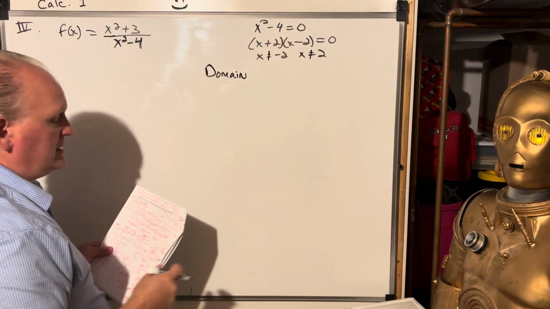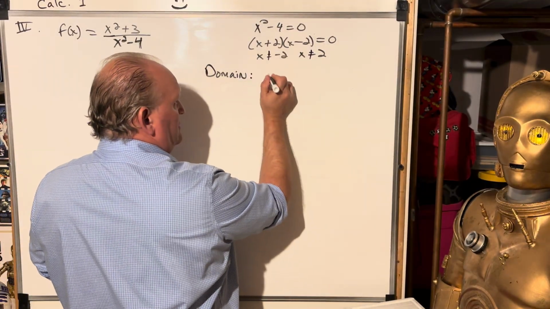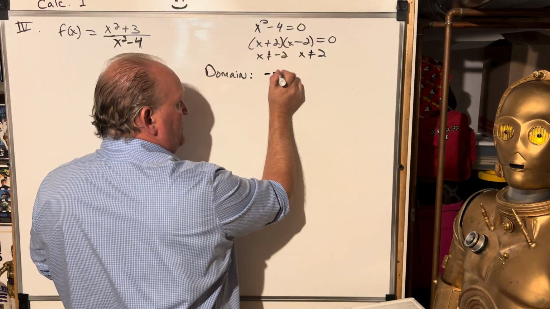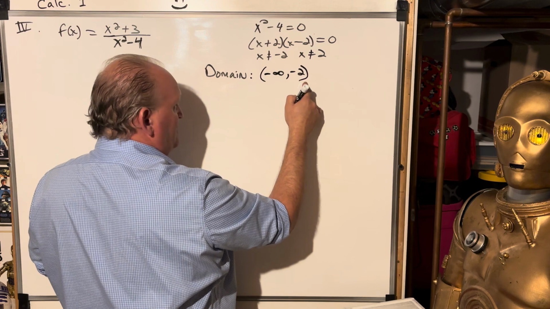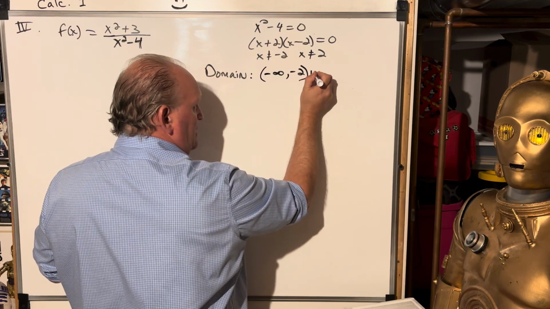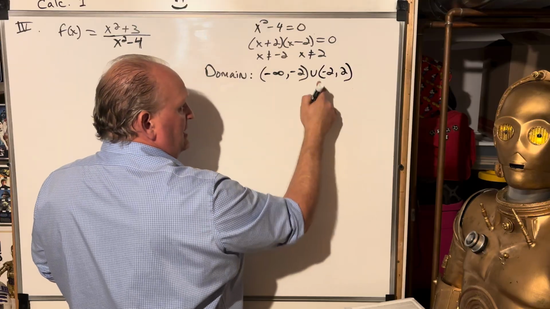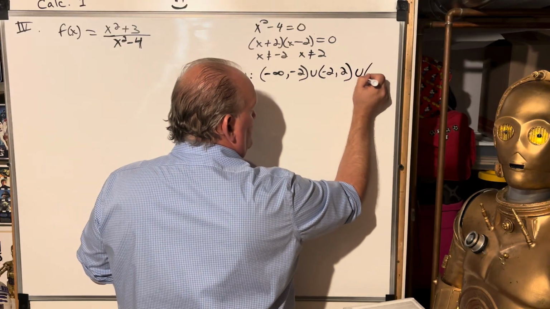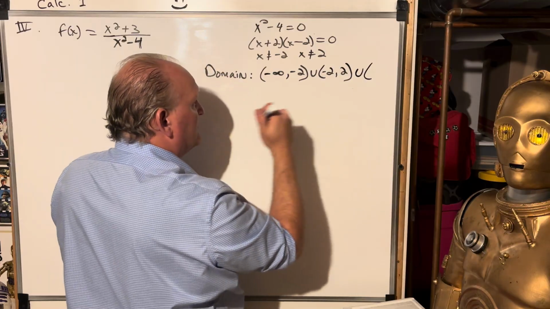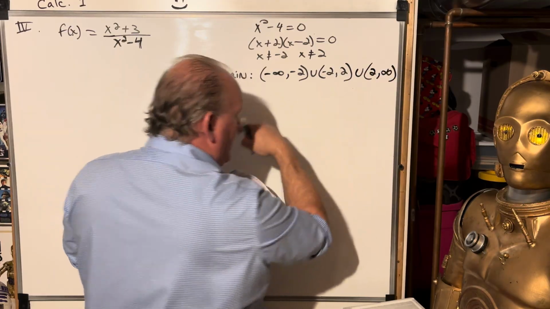But when we identify domains, we use interval notation in calculus. So we'd say -infinity to -2, and then put parentheses on it. That means it doesn't include it. In union with -2 to 2, parentheses, means it doesn't include the -2. And then in union with 2 to positive infinity. So that is the domain.